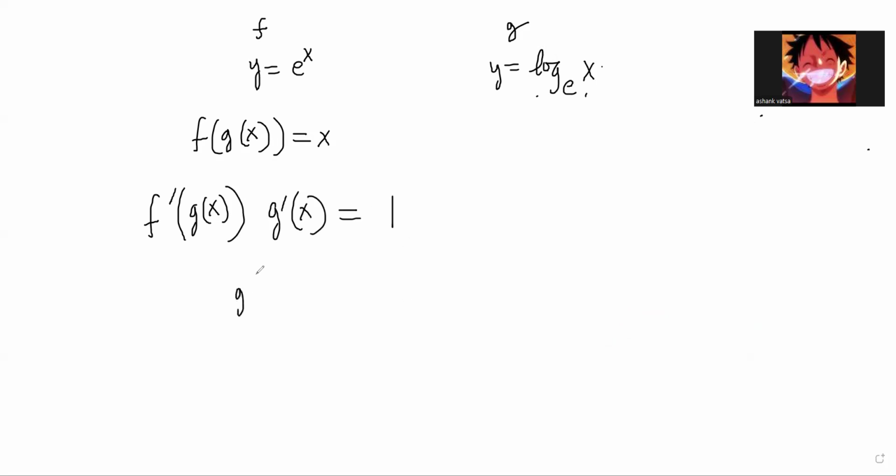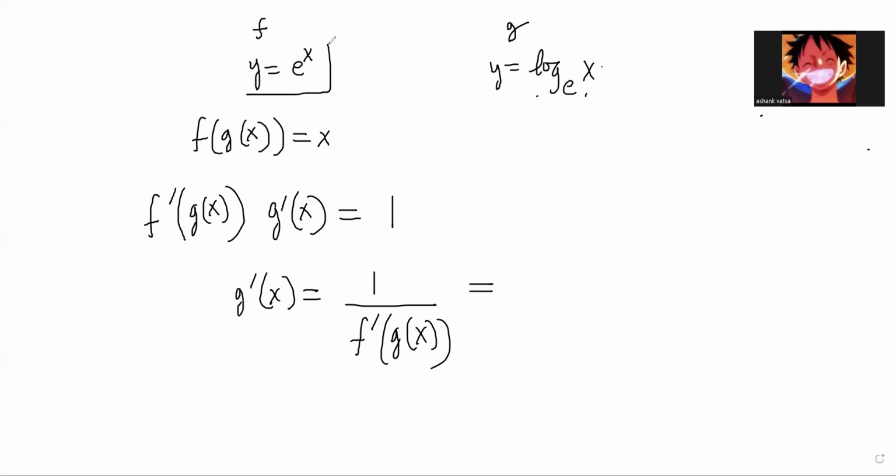So g dash x is equal to 1 by f dash of g of x, right? Now let's do it, because we know the f function and its derivative. We can find what f dash g of x is. So the f function is e power x. So f dash x is what? e power x only, right?